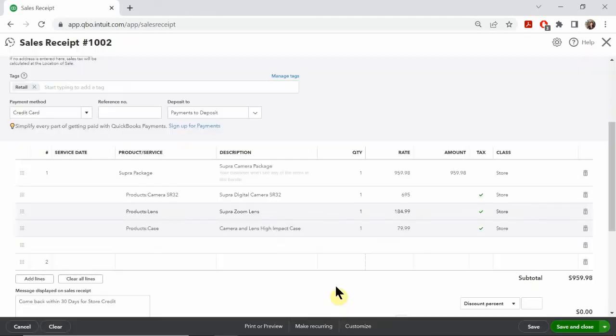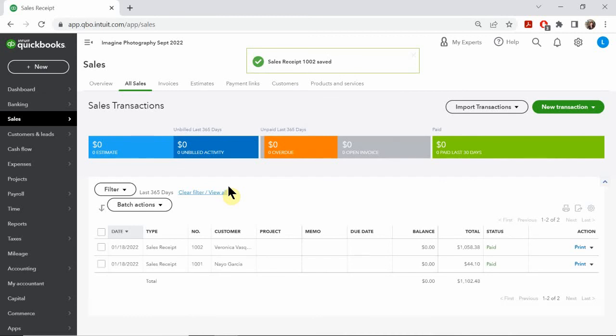Okay, I'm just going to go ahead and click yes. So it's just saying that one of my items doesn't have a class assigned to it, but that's okay. The weird thing is I have all 4 items saying that it's for the store, so I'm not sure what it's trying to tell me here, but there you go. So yes, you can override an error message. So there you go. I recorded my first 2 sales receipts.